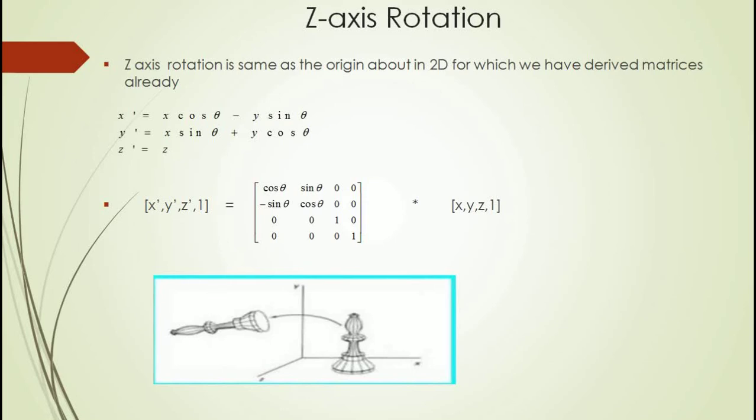If we perform the rotation about the z axis, the z coordinate remains unchanged and the xy coordinates change.